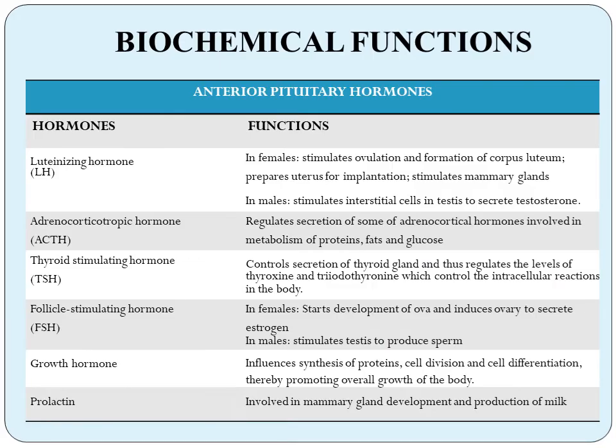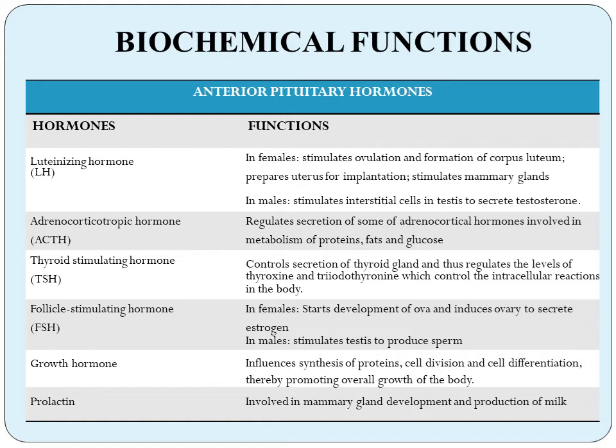Moving on to the biochemical functions, let us see about the anterior pituitary hormones and their functions. The luteinizing hormone stimulates ovulation and formation of corpus luteum, and it prepares the uterus for implantation and stimulates mammary glands in the female, and it stimulates interstitial cells in testis to secrete testosterone in the male.